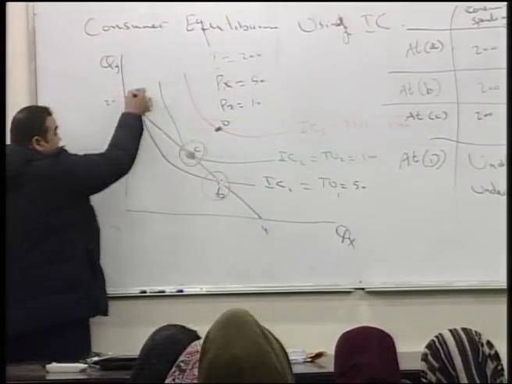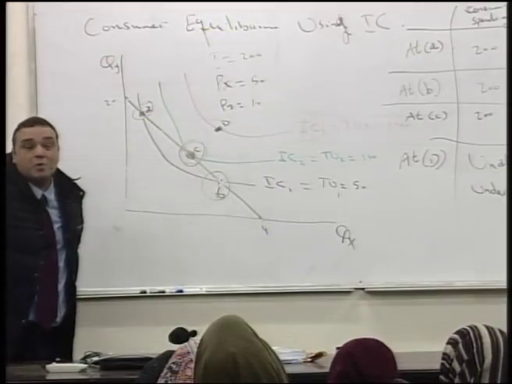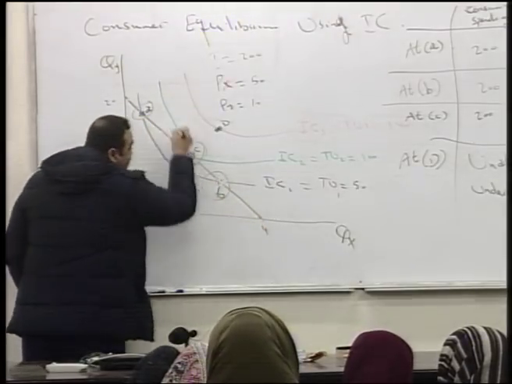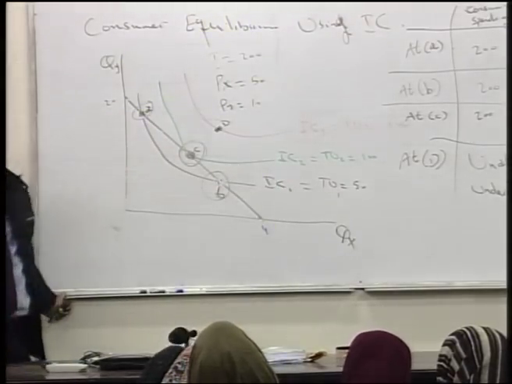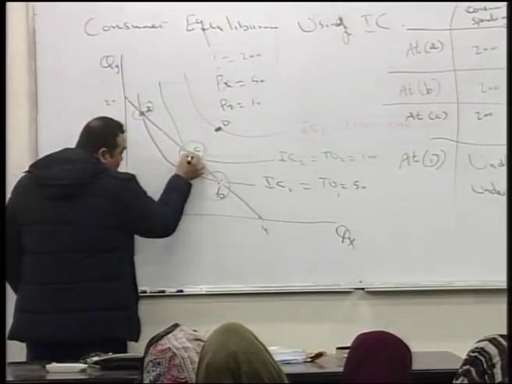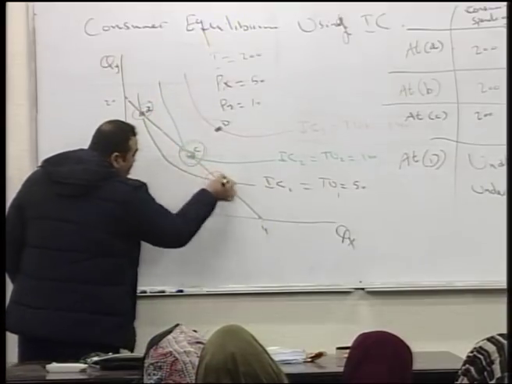Not a cross, because here we have a cross. Or at the point where the slope of the budget line equals the slope of indifference curve. صح؟ هيو اعمل السلوب تبع هذا. عند هذه النقطة at this point the slope of the budget line equals the slope of indifference curve.